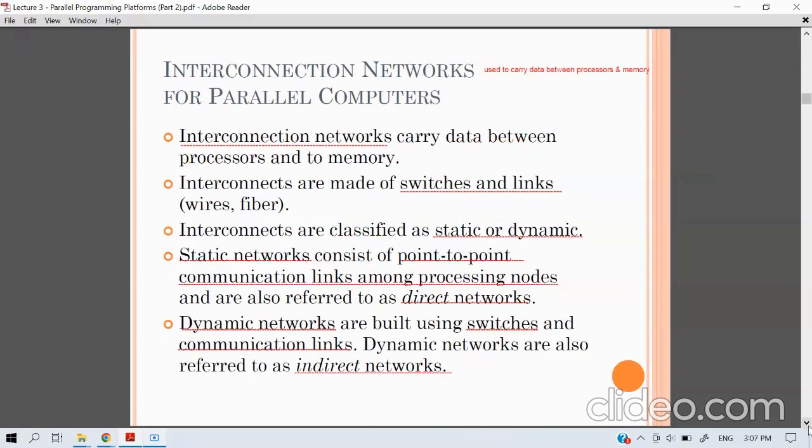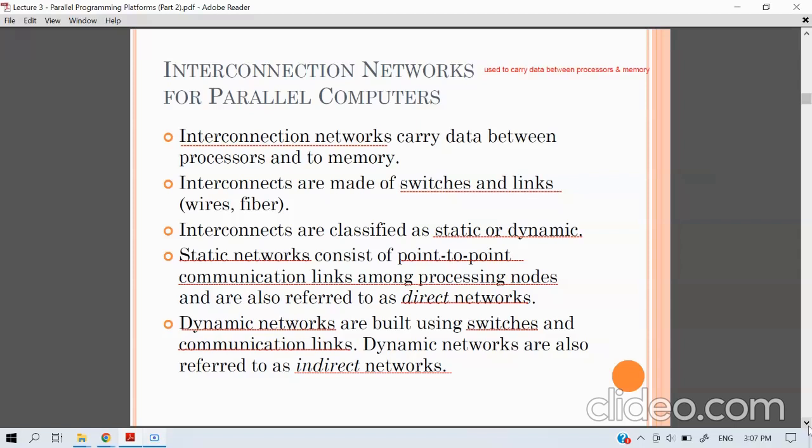Okay, next. To communicate between processors and memories, we need interconnection networks. Interconnection networks carry data between processors and memory. They are made from switches and links such as wires and fiber. Interconnects are classified as static or dynamic. Static networks consist of point-to-point communication links among processing nodes and are also referred to as direct networks.